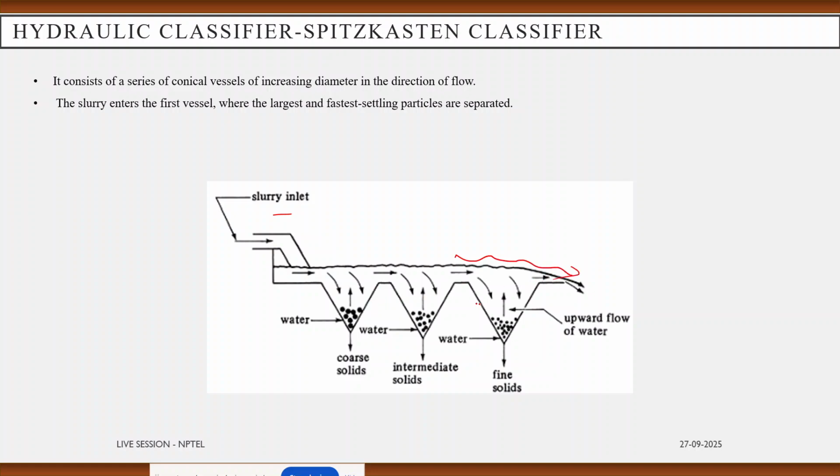So this chamber is bigger than the rest of the channels. Now the slurry enters the first vessel, where the largest and fastest settling particles are immediately separated. Then the overflow goes to the next vessel, where another separation occurs, and this continues to succeeding vessels.